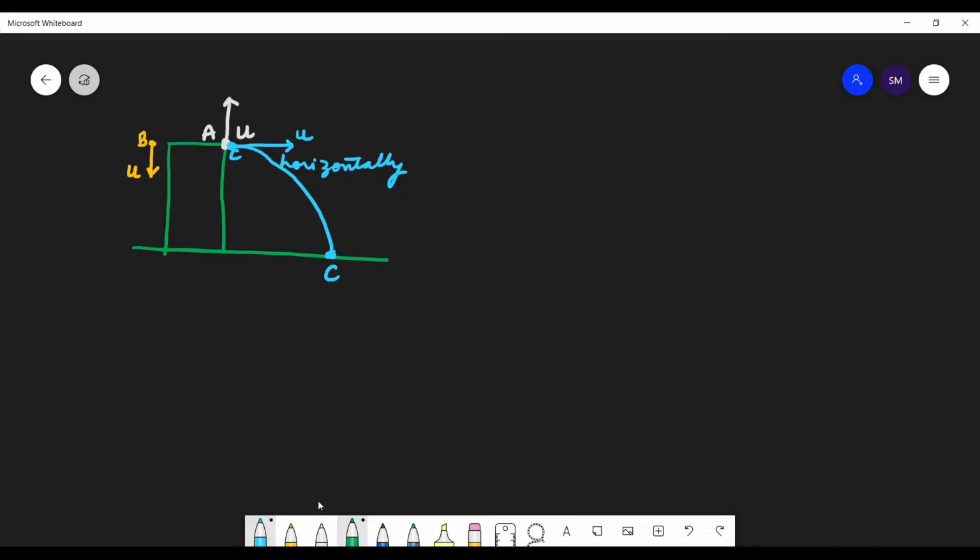See, when this particle C is going to hit the ground, what is the direction of velocity? That is tangential. This is the direction of velocity. What is speed? Speed is nothing but the magnitude of velocity.